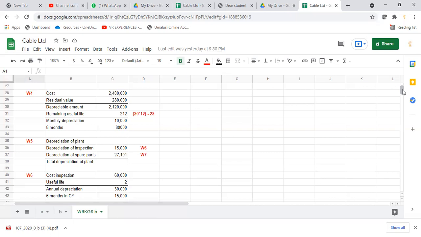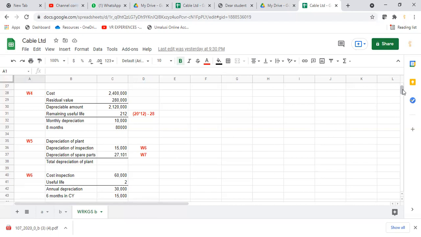So in this scenario, included in plant are 2 assets, spare parts and the HDWC plant. The spare parts we depreciate separately, and the HDWC plant we depreciate separately. But specifically for the HDWC plant, we needed to apply the component approach. Why?